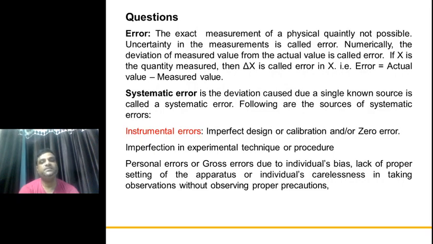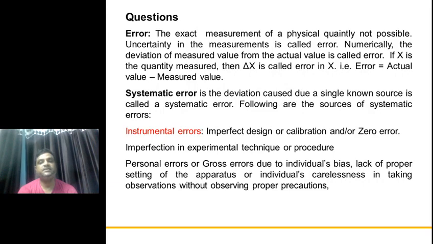Uncertainty in the measurement is called error. Numerically, the deviation of the measured value from the actual value is called error. These are the different types of definition. If x is the quantity measured, then delta x is called the error in x, that is, error equals actual value minus measured value.